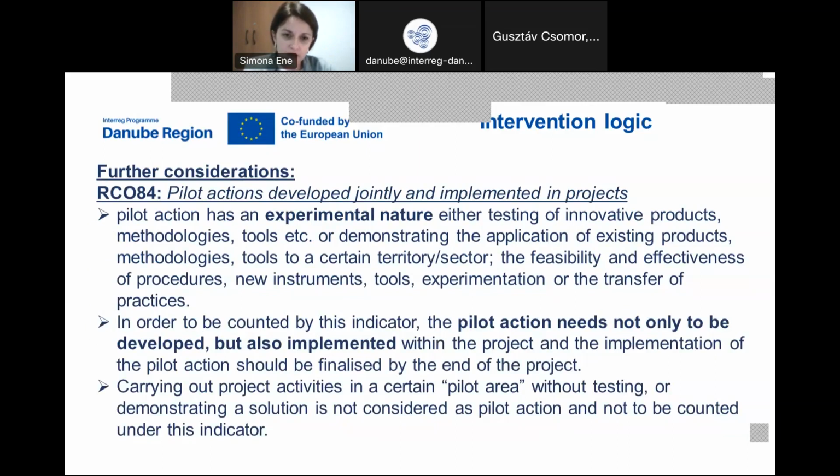In order to be counted under this indicator, the pilot action needs not only to be developed, but also needs to be implemented within the project, and the implementation of the pilot action should be finalized by the end of the project. And carrying out the project activities in a certain pilot area without testing or demonstrating a solution is not considered a pilot action and should not be counted under this indicator.